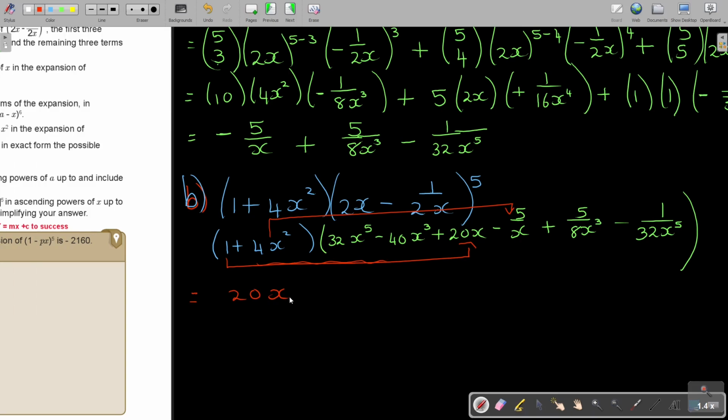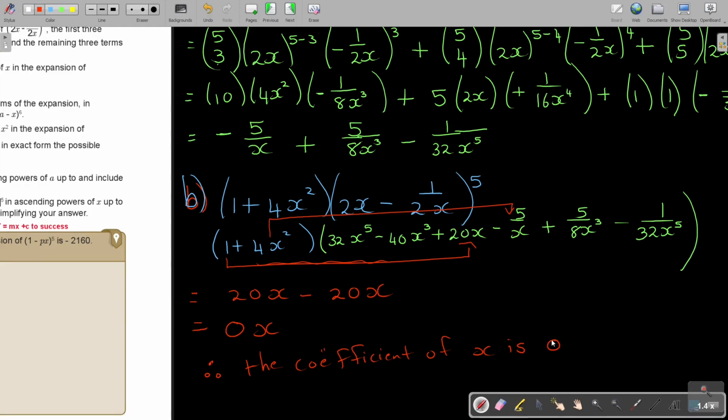And if I multiply this bracket, I'm going to get negative 20x. And that is going to give me 0x. So therefore, the coefficient of x is 0. And that's how you do number 2.